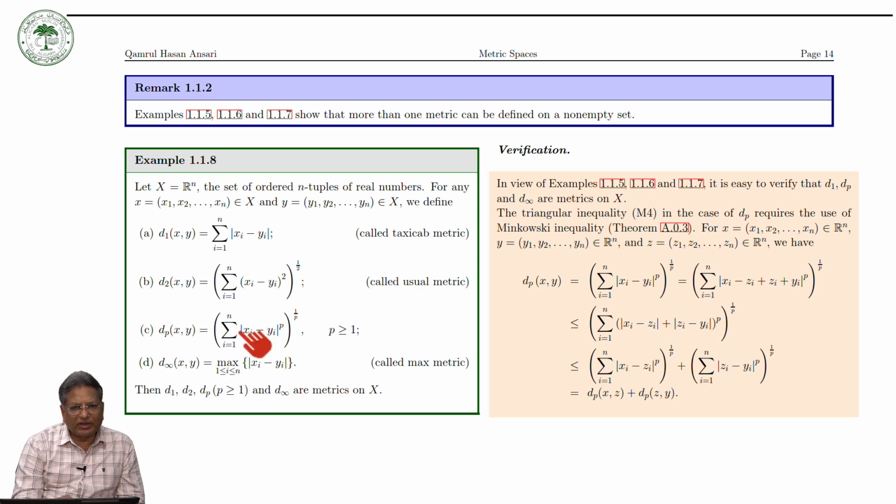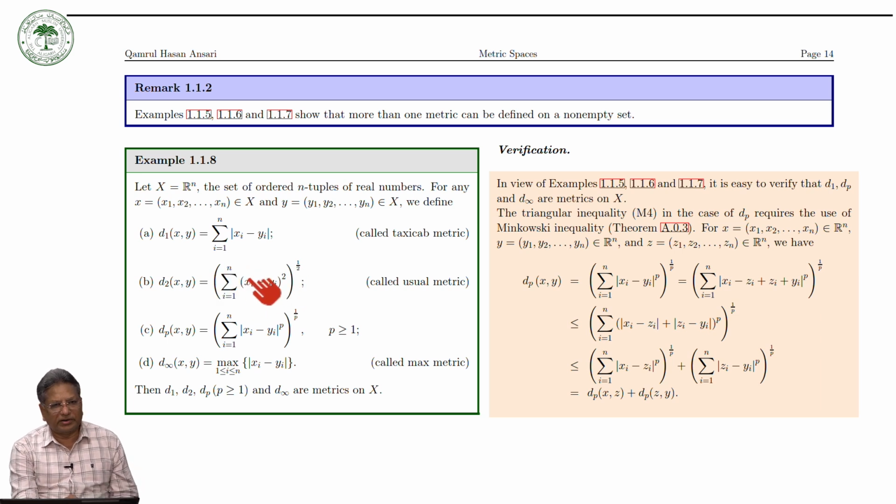So we can see that these four are the metrics on Rn. The d infinity is called the max metric, or sometimes the sup metric. The d2 metric is called the usual metric, because when we calculate the distance between any two points in Rn, we calculate it using this formula.